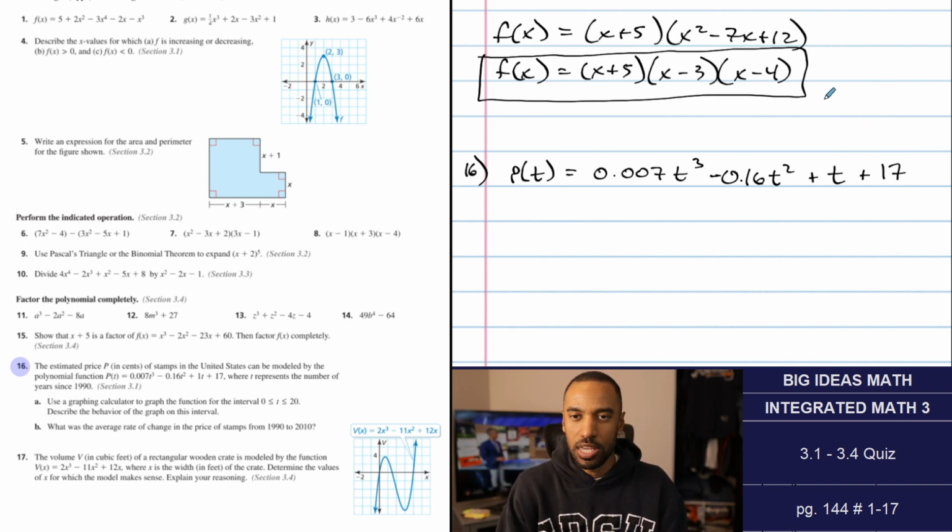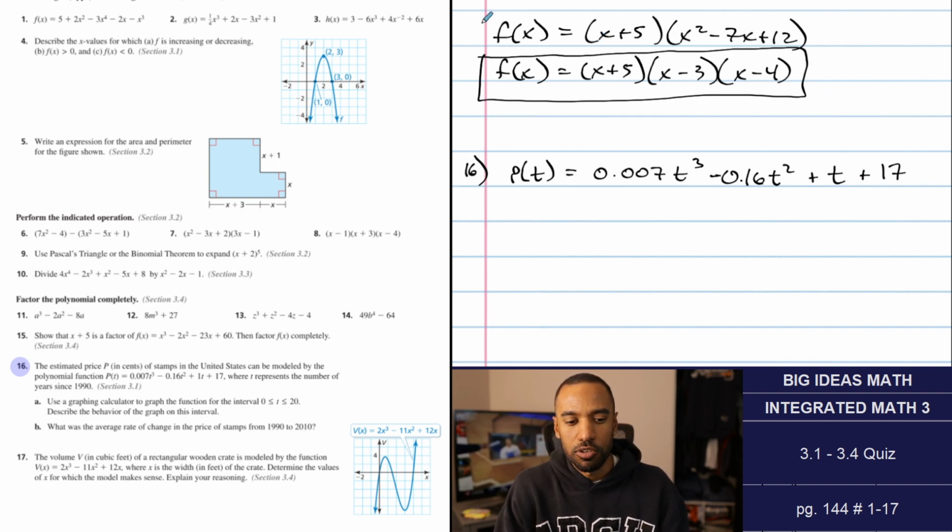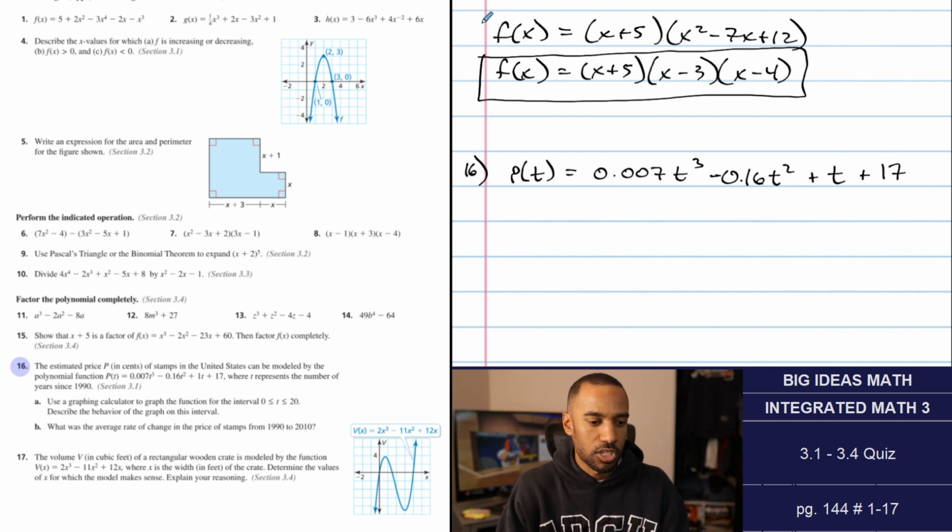So if T equaled 2, that would be the year 1992. Use a graphing calculator to graph the function for the interval from years 0 to 20. Describe the behavior of the graph on this interval.